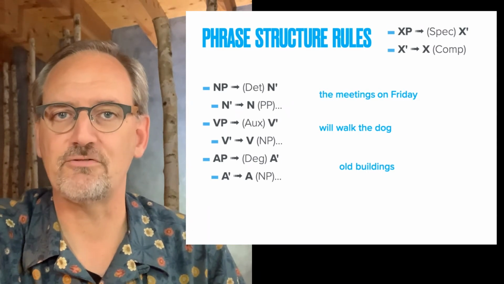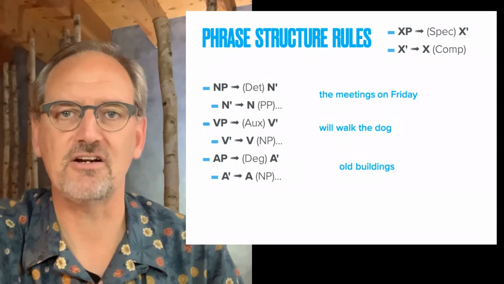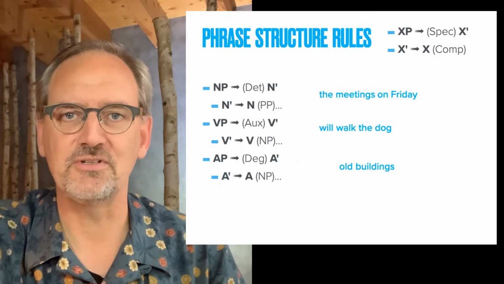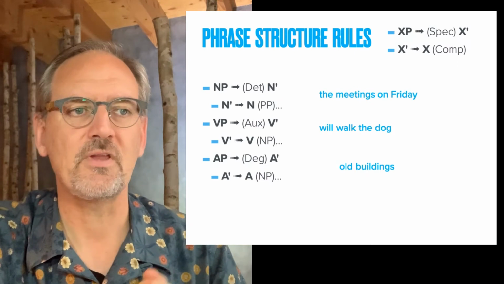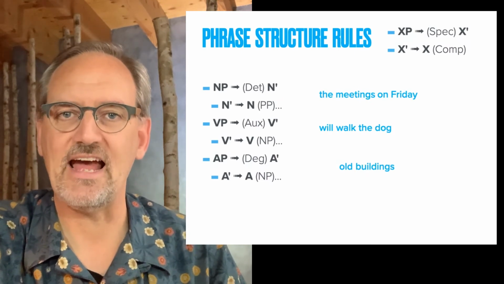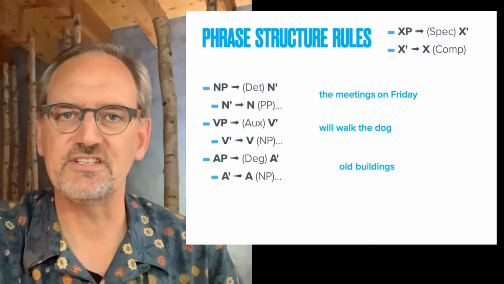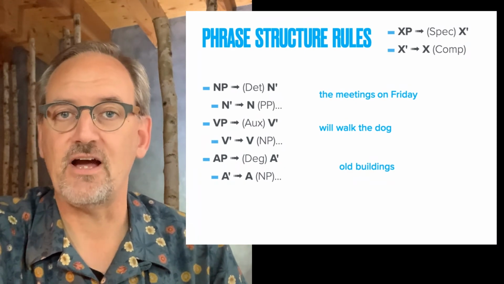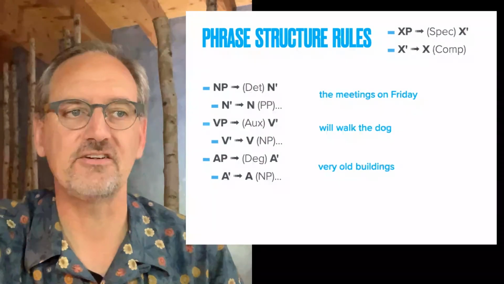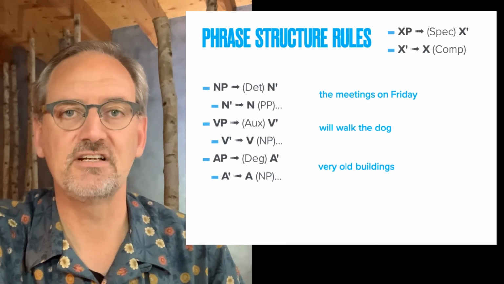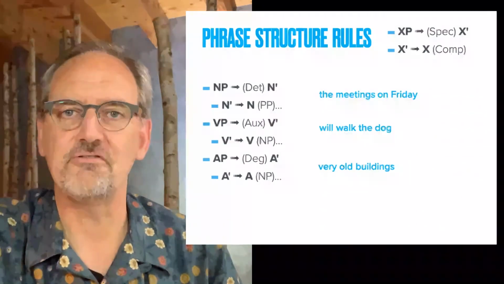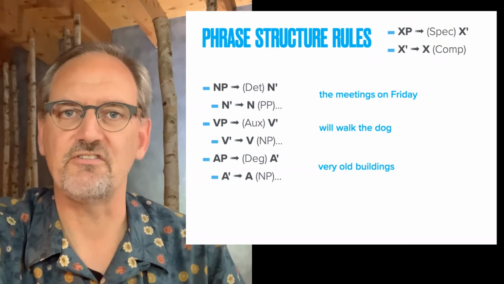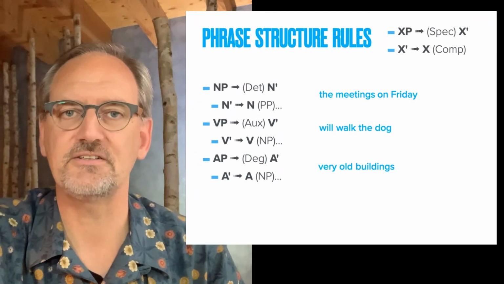This particular noun phrase doesn't have a specifier or a complement, but it does have the head noun, buildings. Old buildings would be an adjective phrase. Old is the head, and buildings is the complement. Now, if I were to add an additional specifier to this adjective phrase, it would be a degree word like very. It expresses the degree of old, very old buildings.